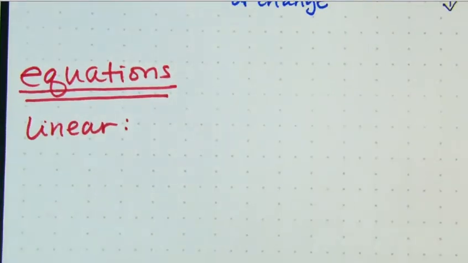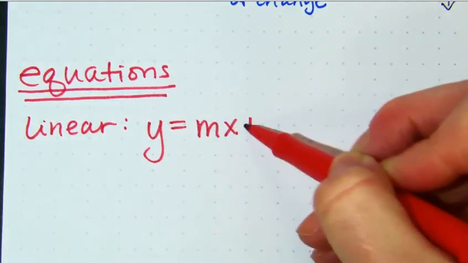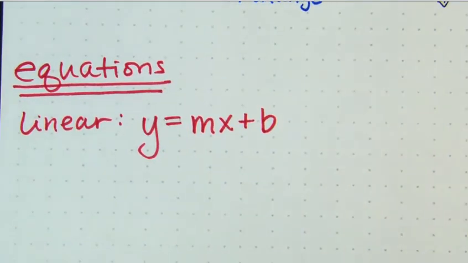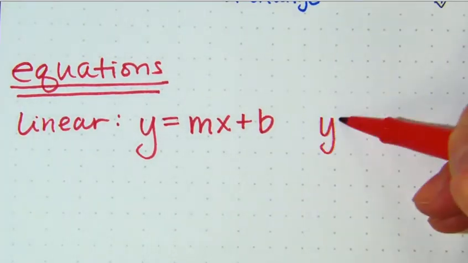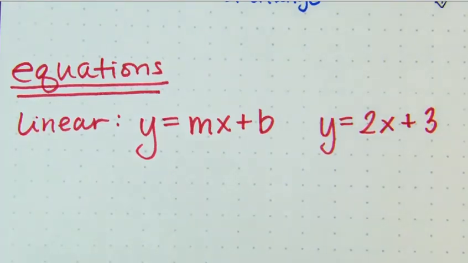Y equals mx plus b. If we were to use numbers, the m is a number, the b is a number, right? So for example, y equals 2x plus 3 would be an example of a linear equation. Our x is a number that's being multiplied by our slope, right?